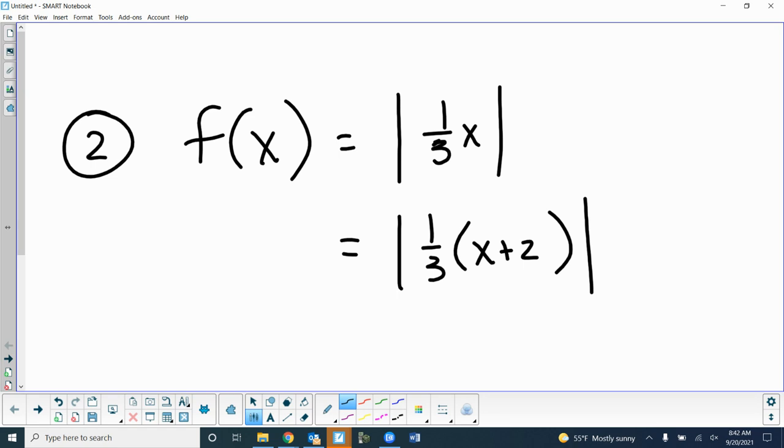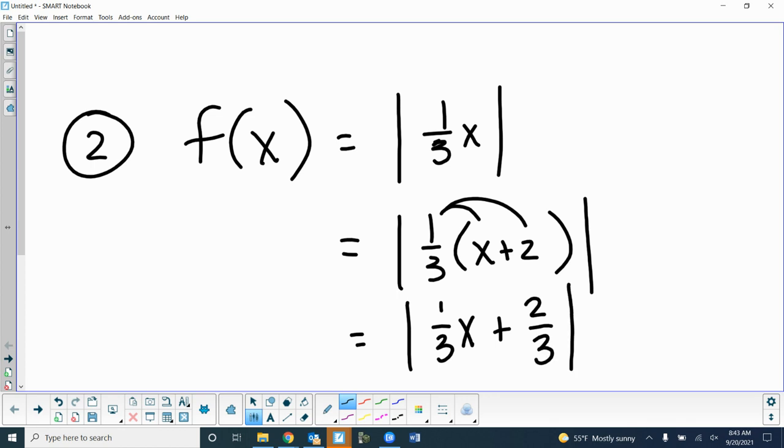Okay? And then we'll just distribute the 1/3. You can distribute into the parentheses. You just can't distribute into an absolute value. So it's okay inside here to do that. All right? So we have the absolute value of 1/3 X plus 2/3. And I distribute the 1/3. Okay, that's kind of a tricky one because of the absolute value.